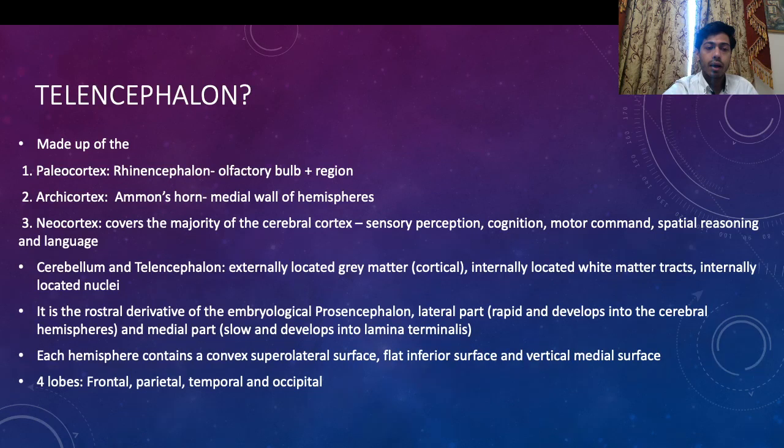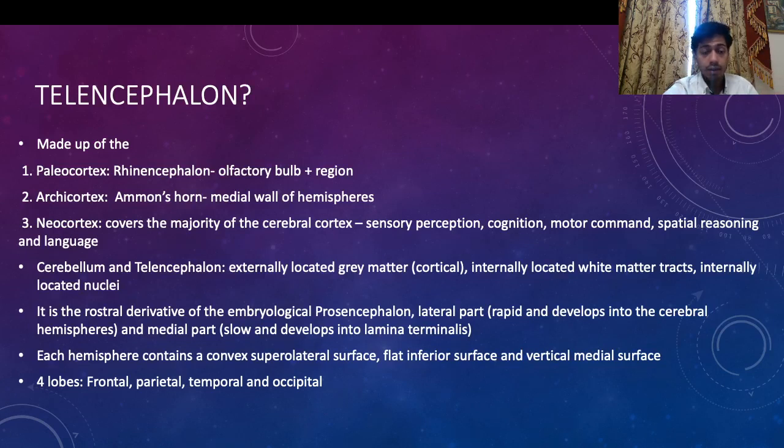When we talk about any other organ like the gut or the stomach, we talk about the epithelium. And the brain doesn't quite have epithelium, instead it has cortex, and this cortex is composed of multiple layers of cells and structural support systems.